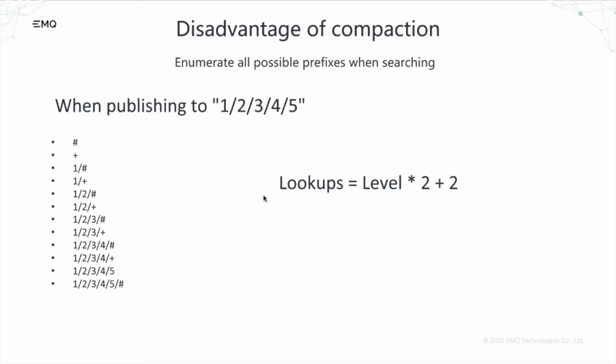So for any publish, you have to look up level times 2 plus 2 times in the trie table. Here's a simple enumeration of all possible searches.